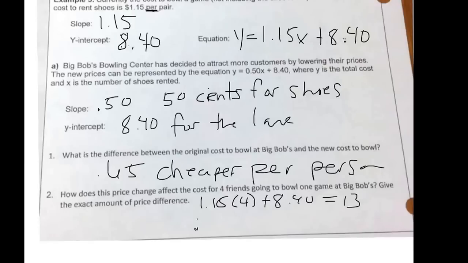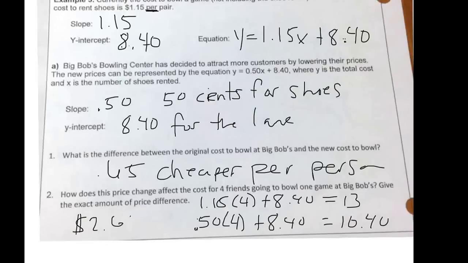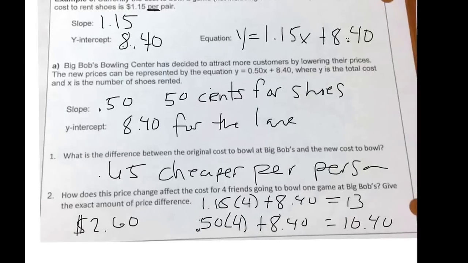But at Big Bob's it's only 50 cents times 4 plus $8.40. It's $10.40, which is a difference of $2.60. So it's now $2.60 cheaper to bowl at Big Bob's.